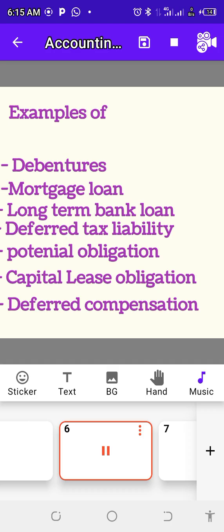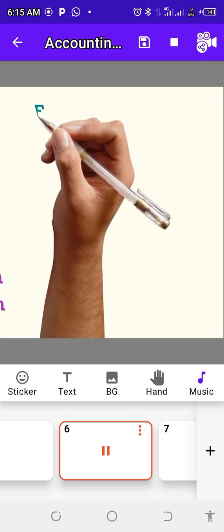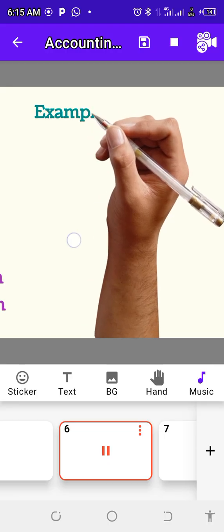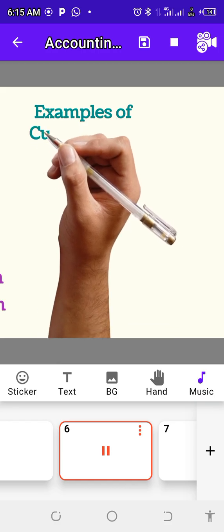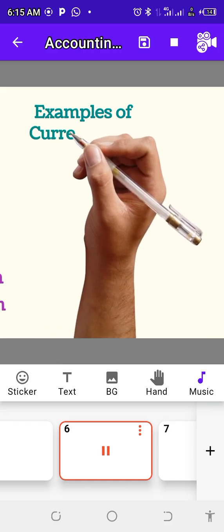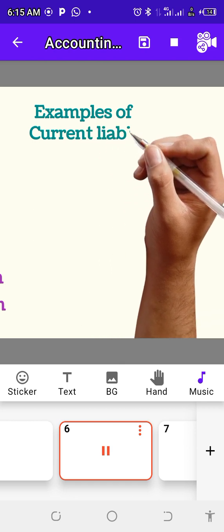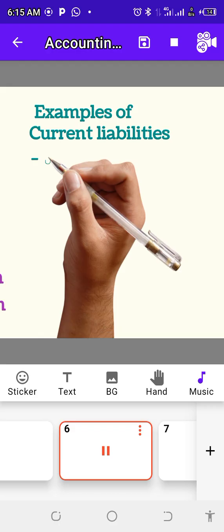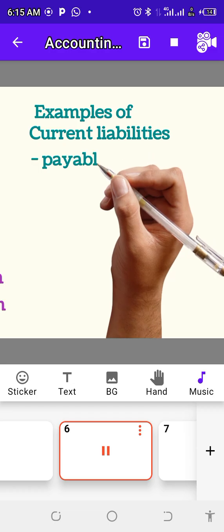Now we are going to also look at examples of current liability. Current liabilities: we'll talk about payables. Payables are formerly called creditors.